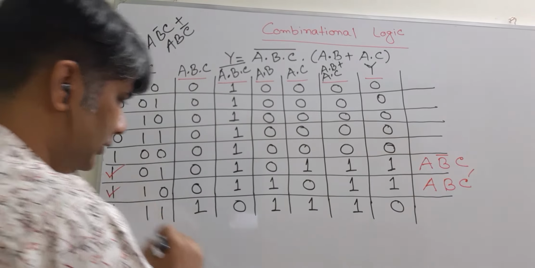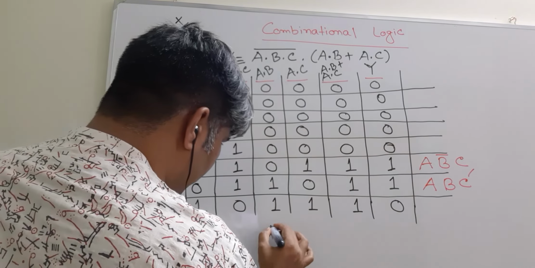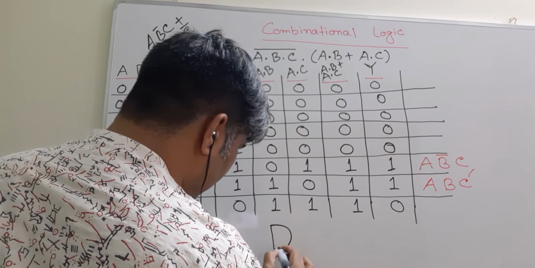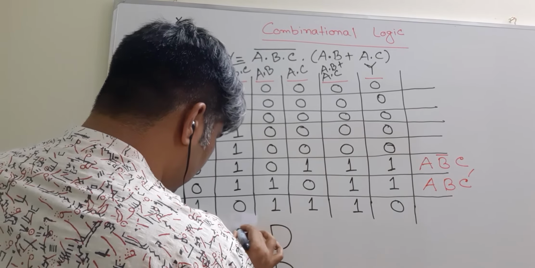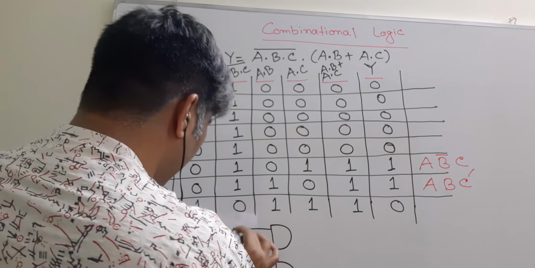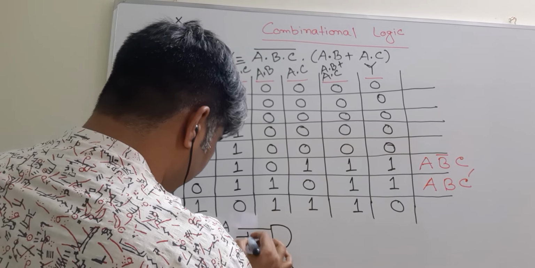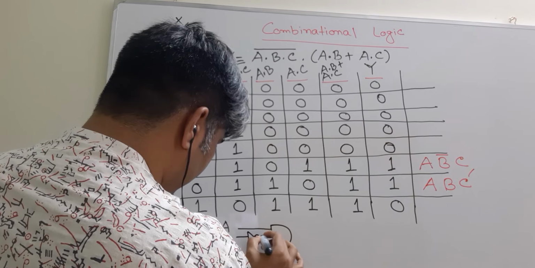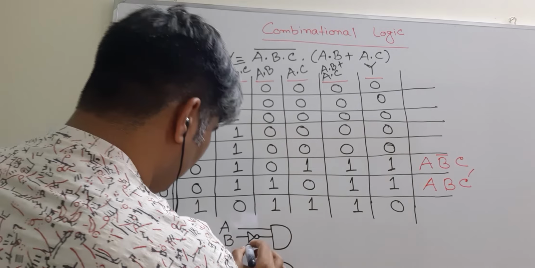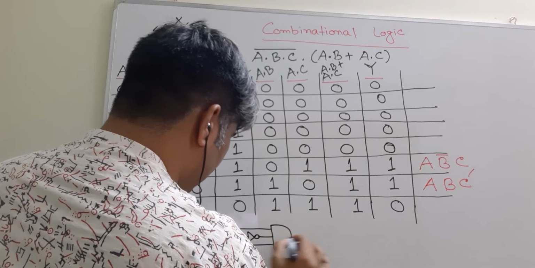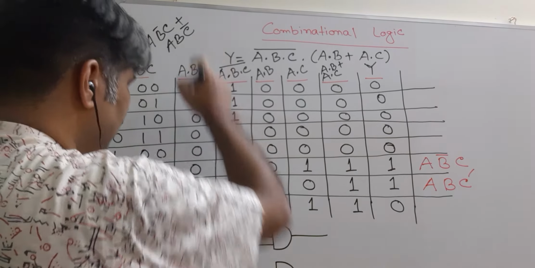So let's try this. First of all we need to figure out the product. For the product, this is our a, then we need b prime, this is our B, and then we need a C, and then we need A, B, C prime.